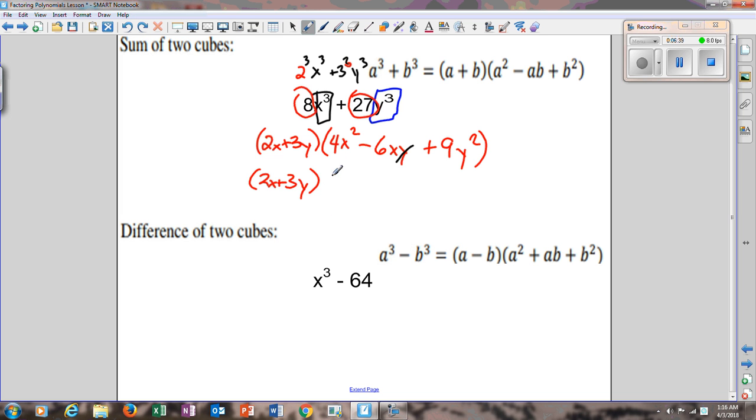Now we have to see what we can multiply together anytime it's a trinomial, which means you have 3 terms. This one, this one, and this one, and they're squares. Then you have to figure out what you can multiply to give you this front number. And that would be 2x and 2x.